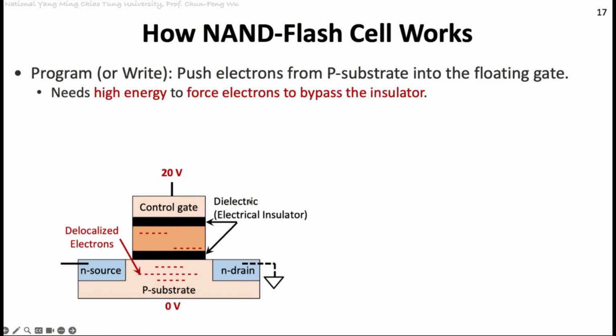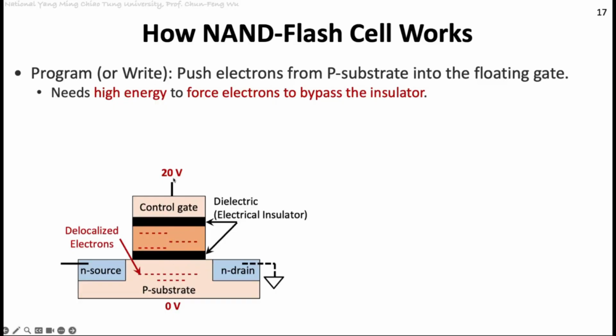Okay, so if you give the high voltage value, the delocalized electrons will be so excited. If they get enough energy, it is possible for these electrons to pass through the electrical insulator. In more technical detail, there is a so-called tunnel effect.